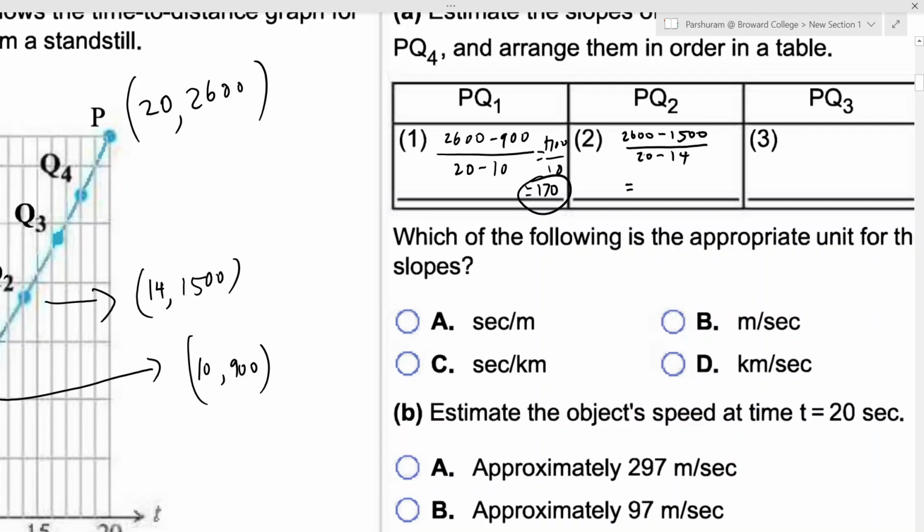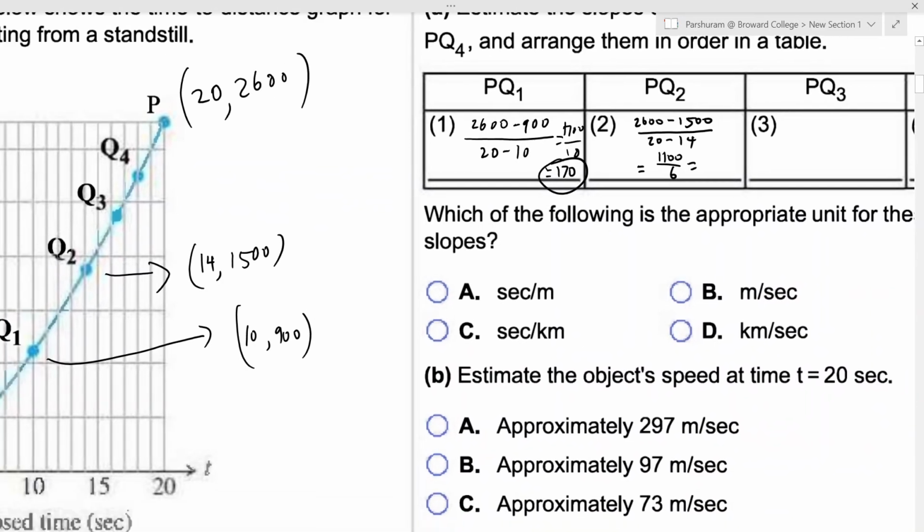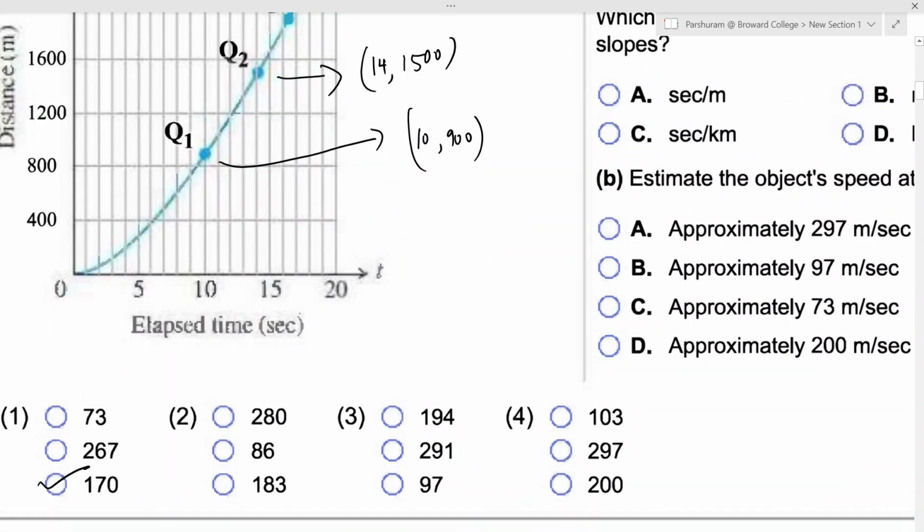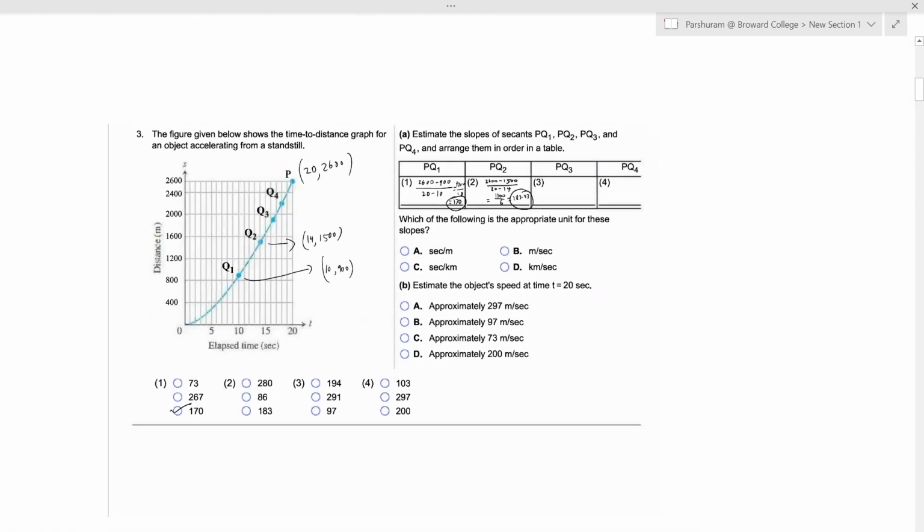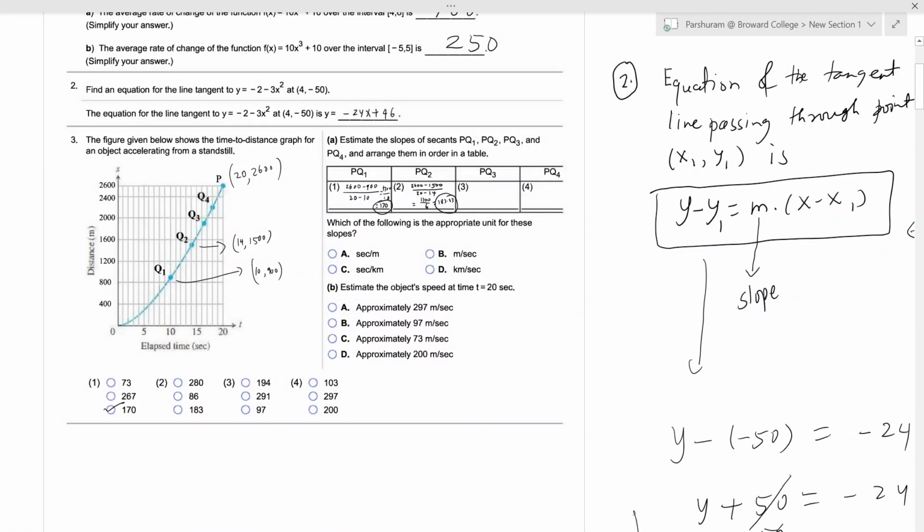If you subtract 1500 from 2600, that will be 1100 divided by 6. Let me use my calculator: 1100 divided by 6 is 183.333. But we don't have 183.333 in the options, so we choose the one which is very close to this value.